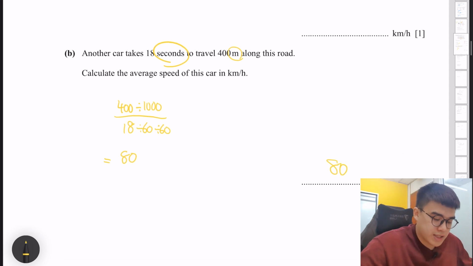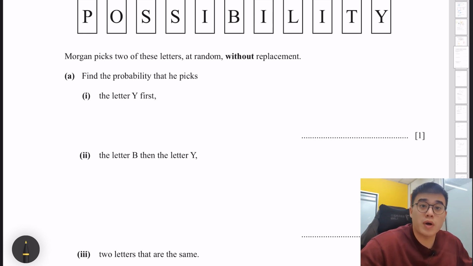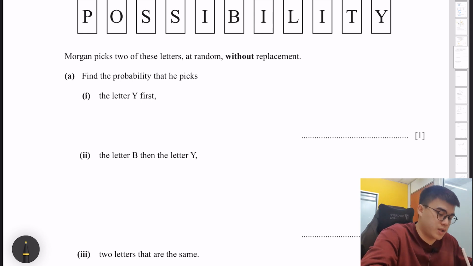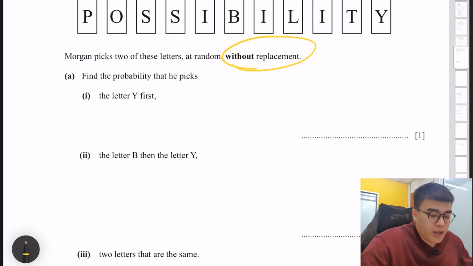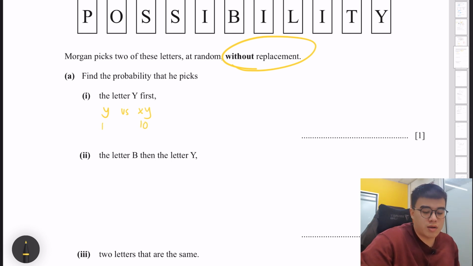Moving on to the next slides. We have a probability question. First, keyword: without replacement. They pick 2 letters. Make sure that the first letter is Y. So you will now narrow down the question into Y versus not Y. Y, I have 1, and the rest, I have 10, there is no Y here.